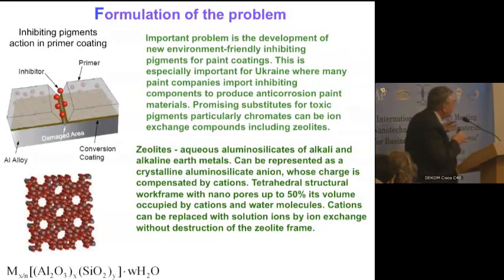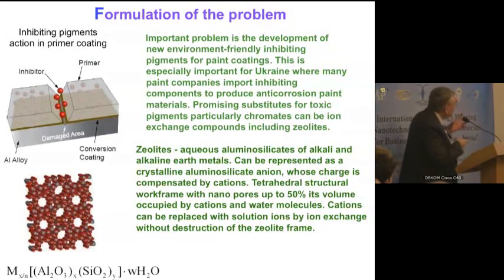and it's not soluble. It is retained in the coating, unlike other pigments who are soluble, who change the volume. And they create those microporous defects through which the corrosion gets to the coating.